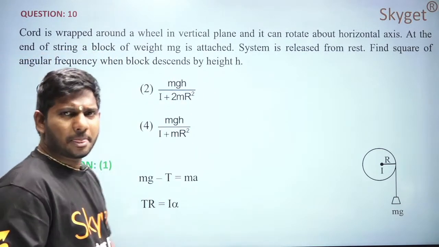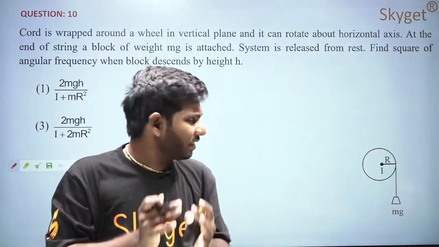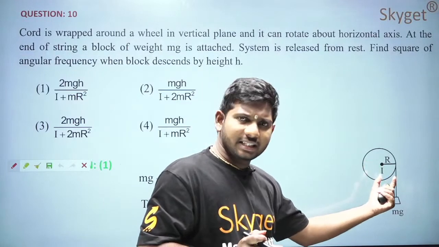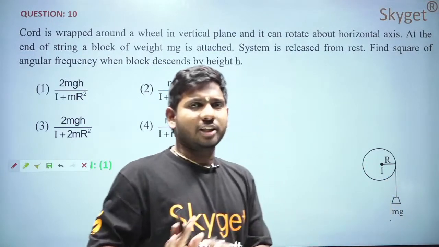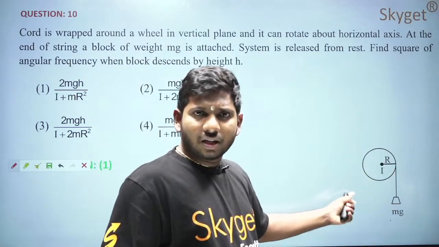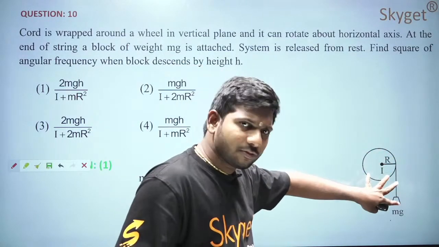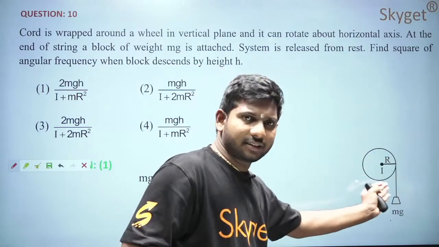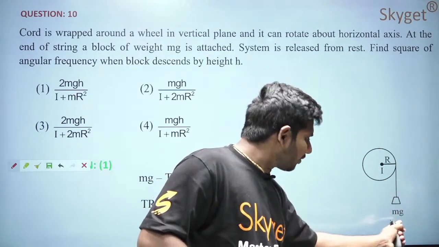Here, students, you don't need to think too much. Whatever potential energy the block has will be converted, when it descends a height h, into the rotational kinetic energy of the disc or ring present here, plus the kinetic energy of the block.